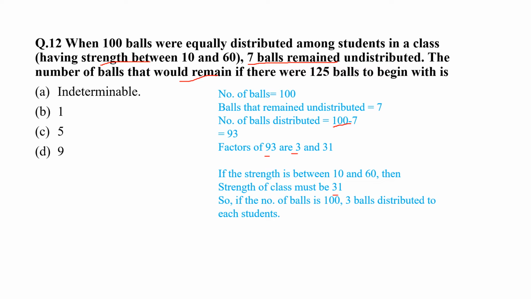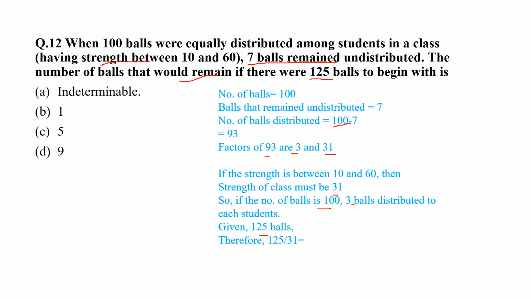So if the number of balls is 100, 3 balls are distributed to each student. In the question, the total number of balls is 125. Therefore 125 is divided by 31.